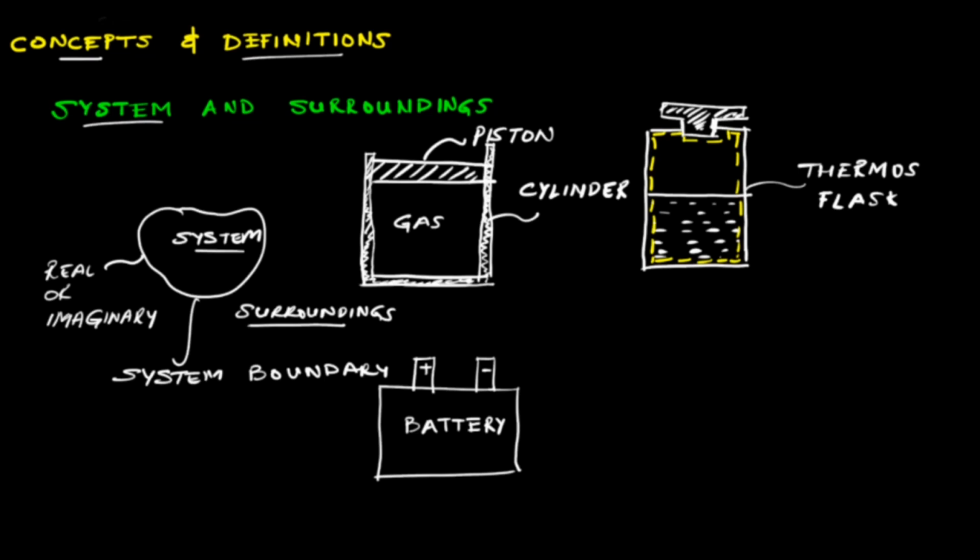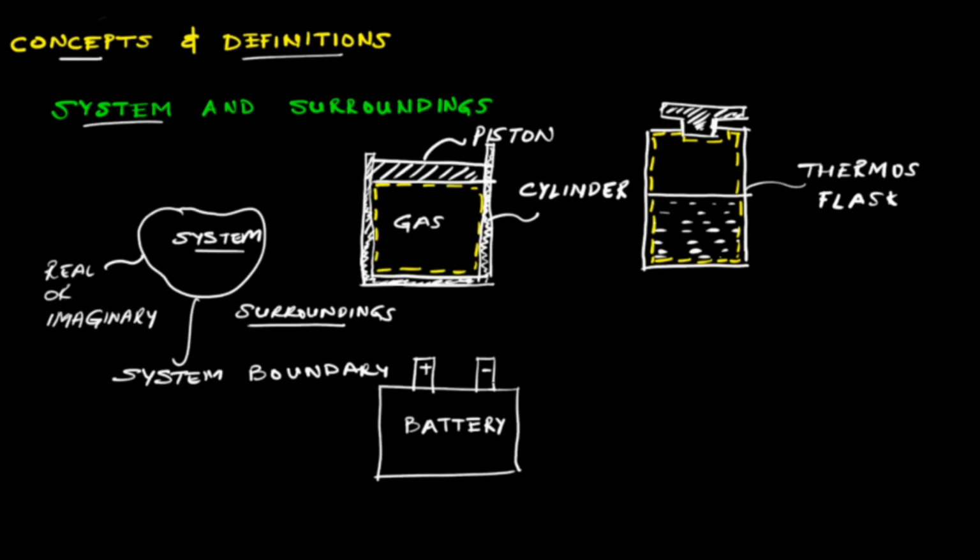Similarly, if you have a cylinder piston arrangement with a gas inside the piston and you want to look at the gas, then the gas is your system and the system boundary is this dashed line, the yellow color.